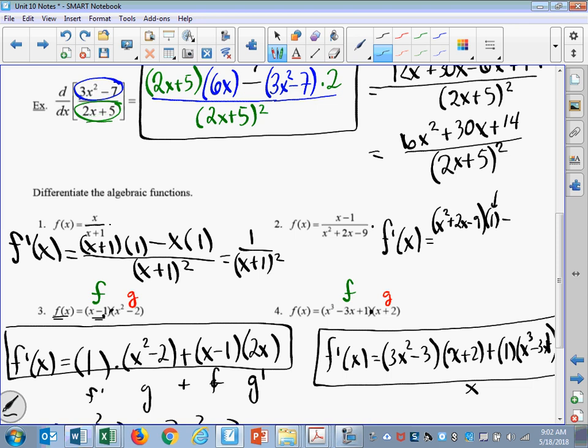Remember, the coefficient is 1. So you're just multiplying by 1, which really doesn't change much. And now the formula says low d high minus high. That's x minus 1, d low. So that's 2x plus 2. That's the derivative of the denominator. This is all over the denominator squared. That's it.